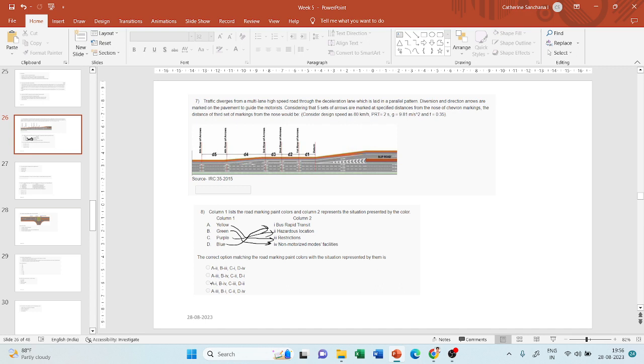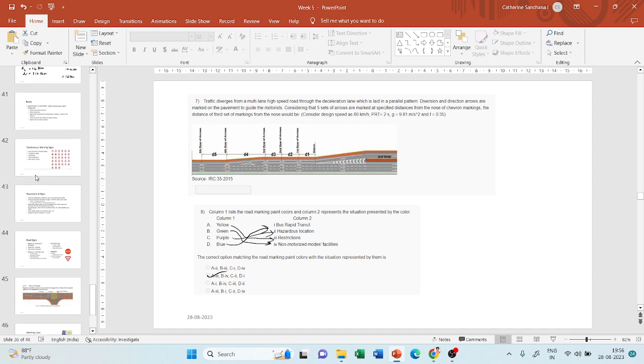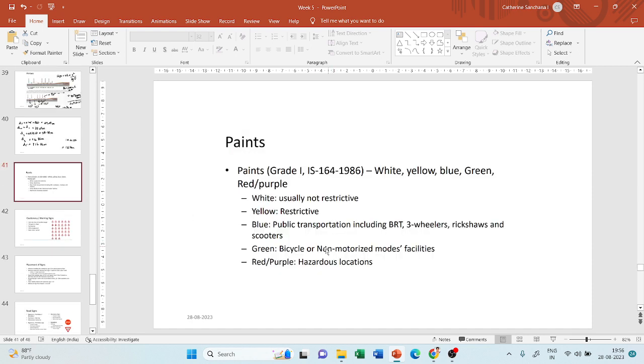So the answer to this is B. You can also check from the slides; I've shown it here. So blue is for public transportation, including bus rapid transit, three-wheelers, rickshaws, scooters. Green is for non-motorized traffic, purple is for hazardous locations, and yellow is for restrictive.